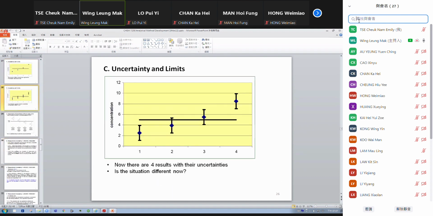I also give you some information about the clear path or the clear field, considering the uncertainty if it is the regulatory limit. It is a clear field, even when the uncertainty is considered.